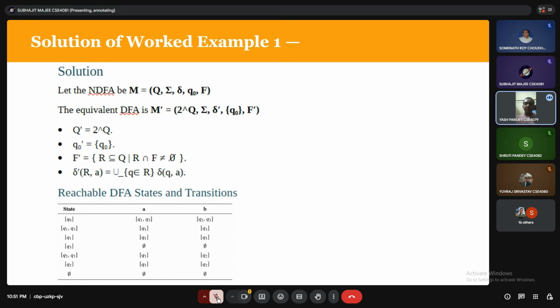So our new DFA state becomes the subset Q1 and Q3. Now, if we input B from the start state, we transition to Q2, Q3, and then we chart out the reachable states for A and B for each newly discovered subset. This has to be done until our transition table is complete and no new subsets emerge. So this is how the entire process is carried out from beginning to end. Please turn to the next slide.